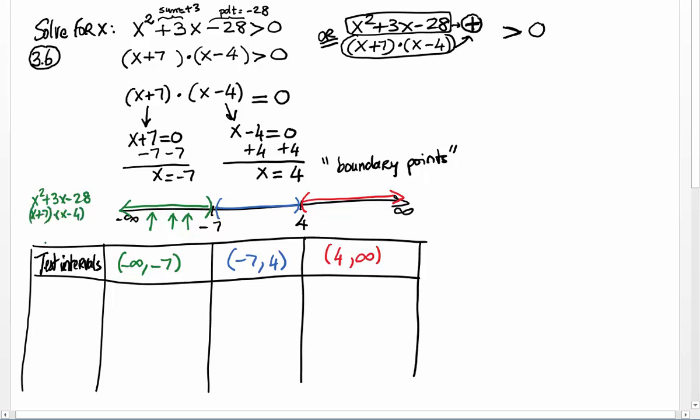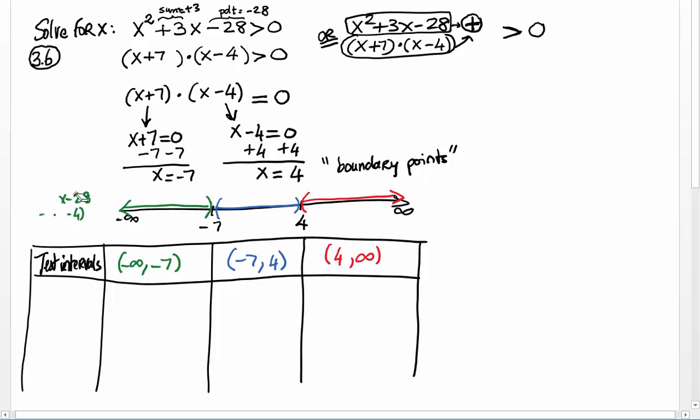But keep in mind that within an interval, within the green interval, let's say, whether you pick a value x equal to -10 to check that interval, or x equal to -9, or x equal to -8, or x equal to -1 billion, any of those x values will tell you the same information about this expression over here, whether it's positive or negative. So you just pick any x value in the green test interval, and that will give you the information about the sign of that expression, whether it's positive or negative throughout the green interval. So that's what we're about to do next.